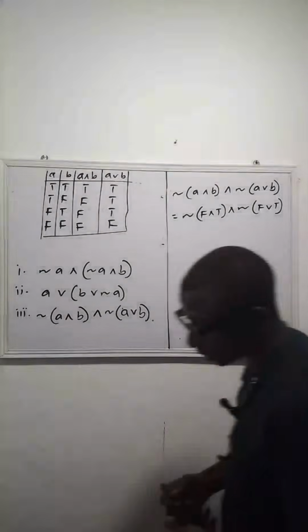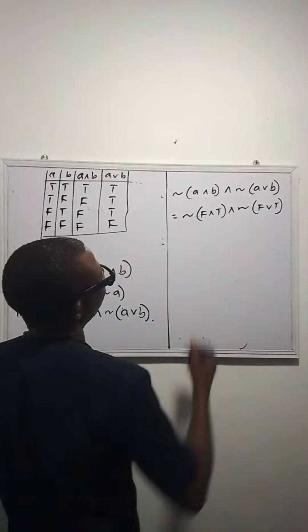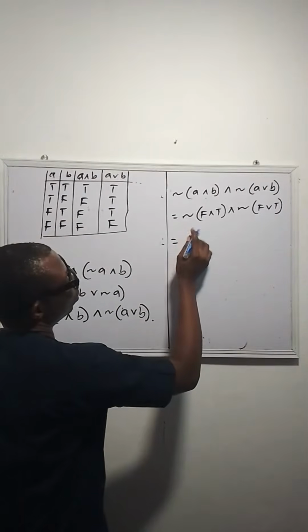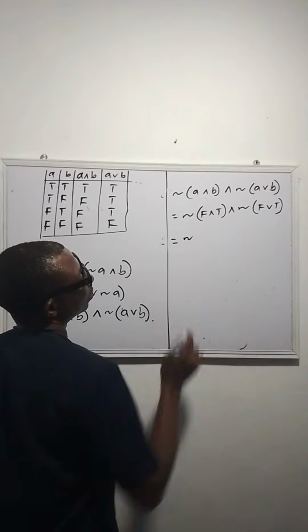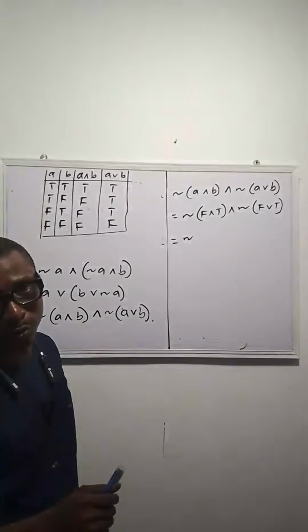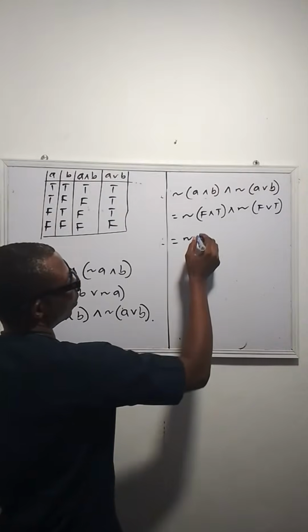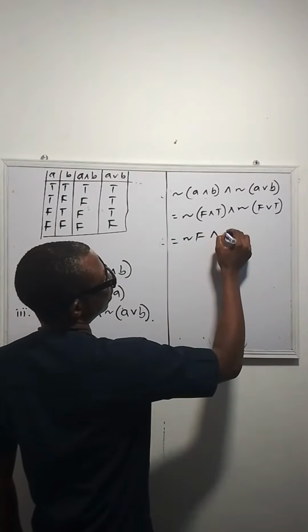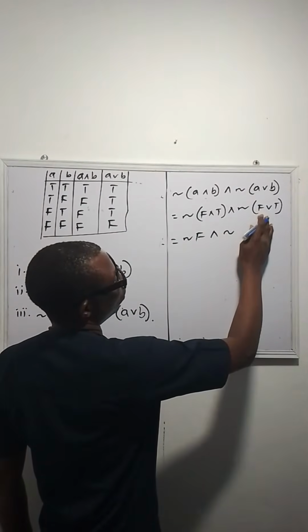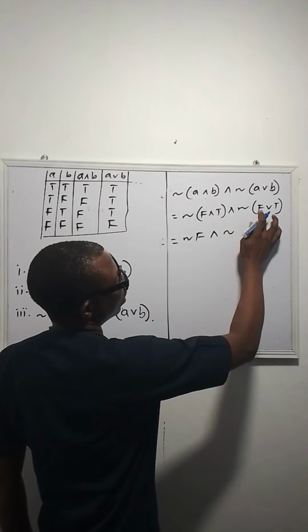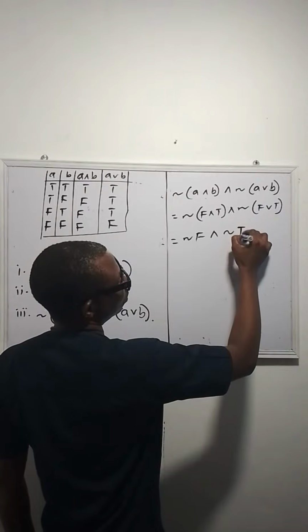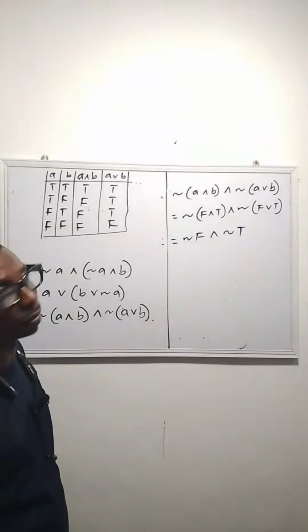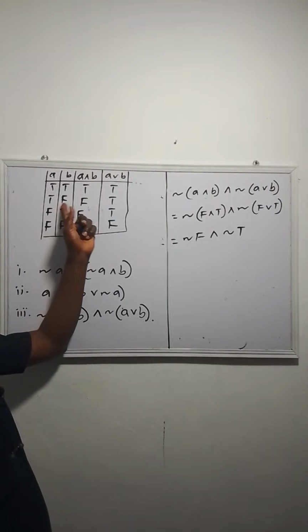So since we can all see the board now, this turns to negation of, now false and true. False and true will give us false. Okay, so we have false and negation of, so let's do the one inside the bracket. We have false or true. That is true. False or true is true. So you can always verify that on this table.